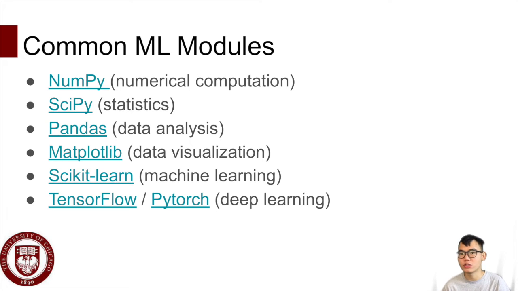Matplotlib is for visualizing data by making plots. Scikit-learn is the machine learning module that contains a wide array of powerful algorithms, and TensorFlow or PyTorch is specifically for deep learning. If you understand the machine learning concepts well, the libraries you use don't really matter, but these are the main libraries that most data scientists and machine learning engineers are familiar with.